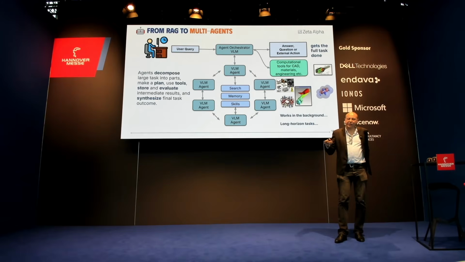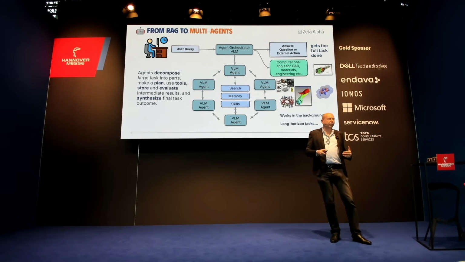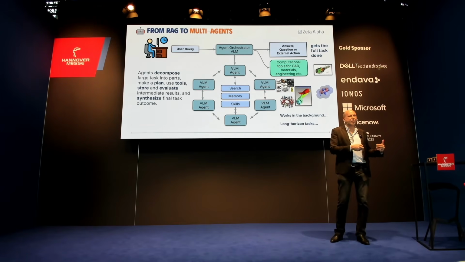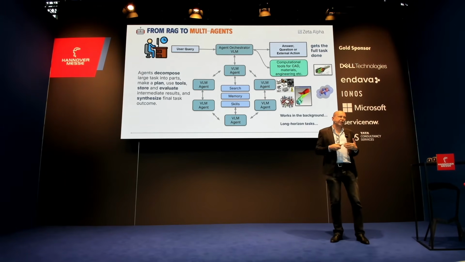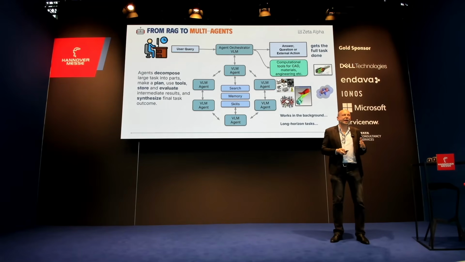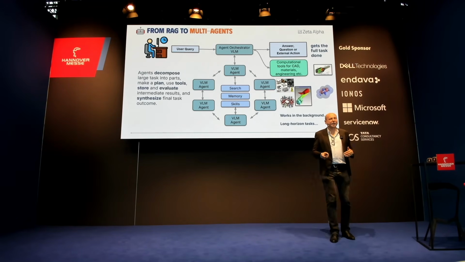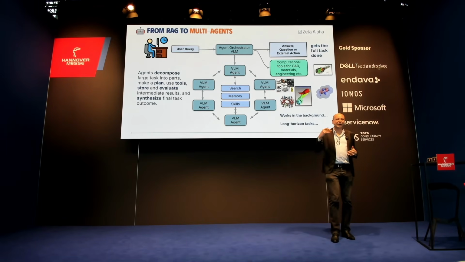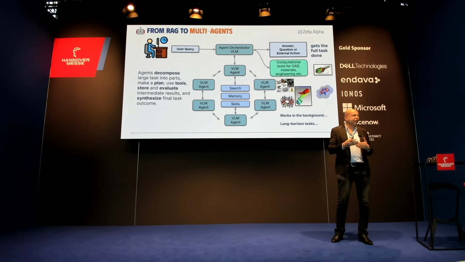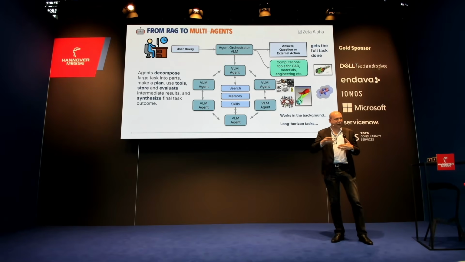And so these multi-agent systems can decompose the task, plan, use tools, store intermediate data in memory, look up things in a search engine, look up things in external APIs, and then finally synthesize the task outcome. And some of them can work for a really long time. So this is not just chat, where you get an answer immediately. It can maybe work for minutes or hours in the background to really get the information for all the data points.